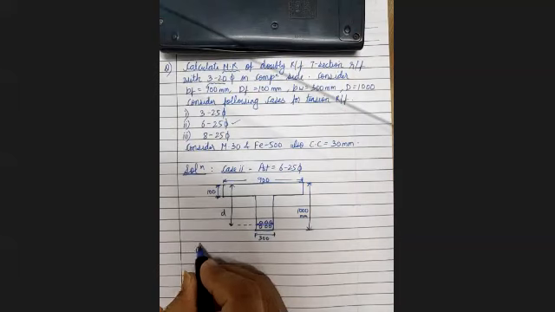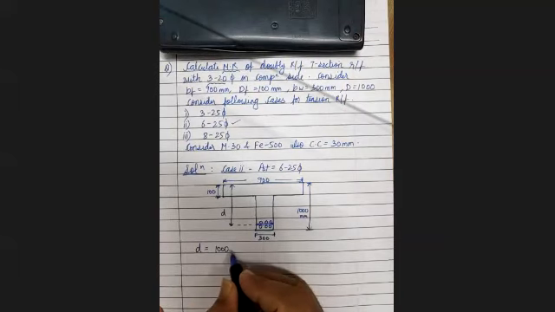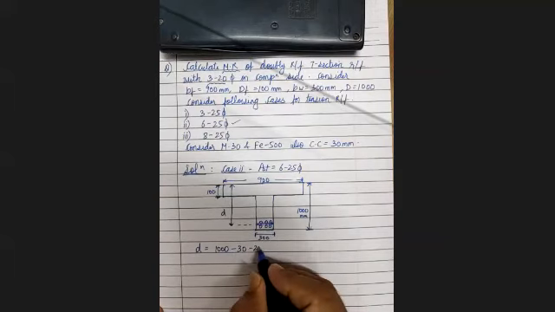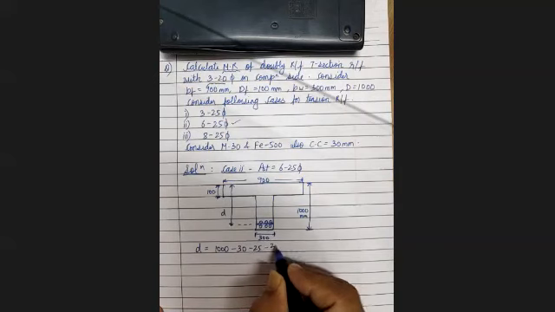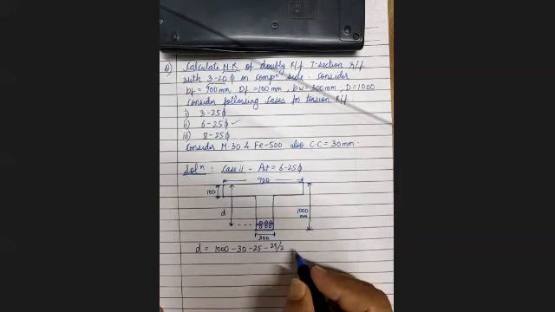Okay, so first we'll find out D. So D is total 1000 minus clear cover, how much is it, 30, minus bar, how much is it, 25, minus 25 by 2. Is that fine? So now give me the value of this. Sir, 20 and 25. 6 bars of 25 dia.